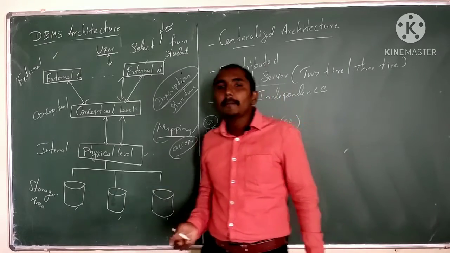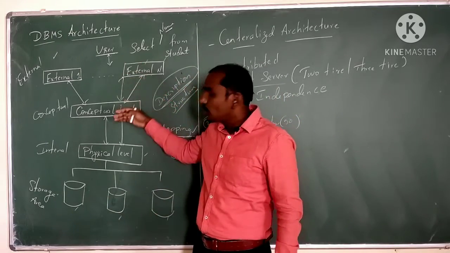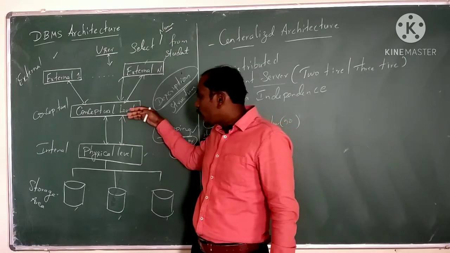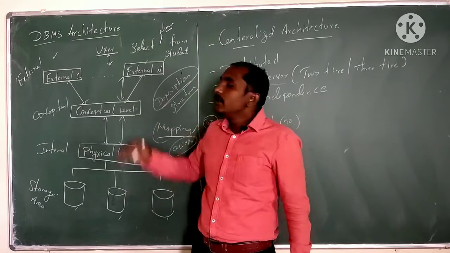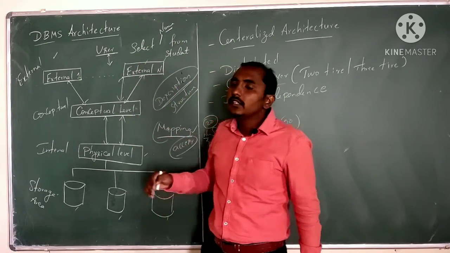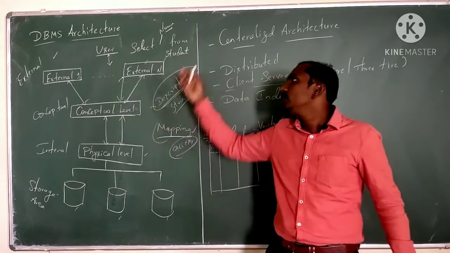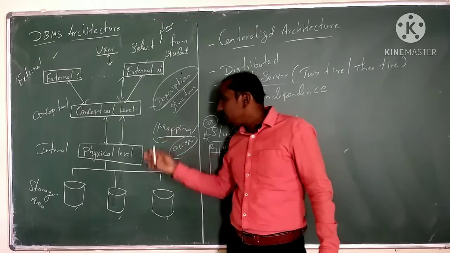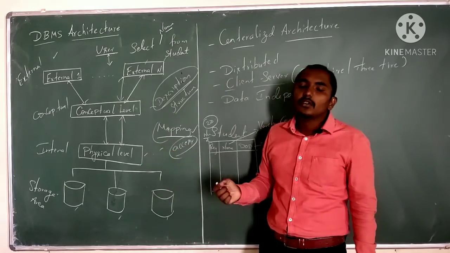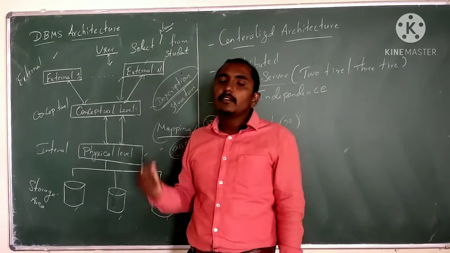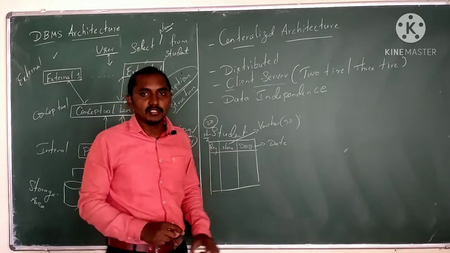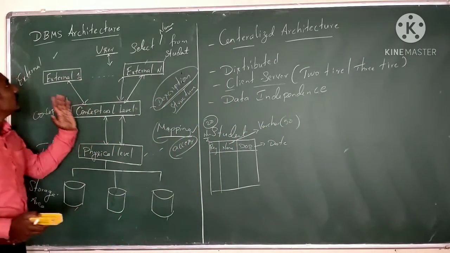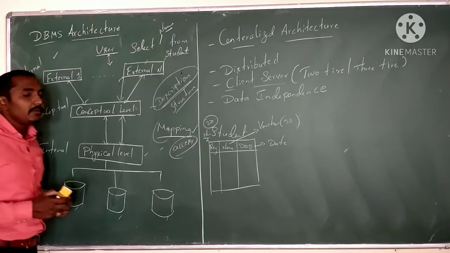So there are two types of mapping: one between the external level and the conceptual level, and one between the conceptual level and the physical level. In the first, we find the description of the information we are searching for, and in the second, we access the path where the actual location of the data is present. So that is the architecture of DBMS.